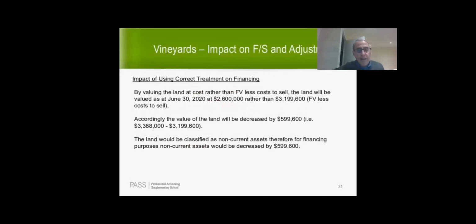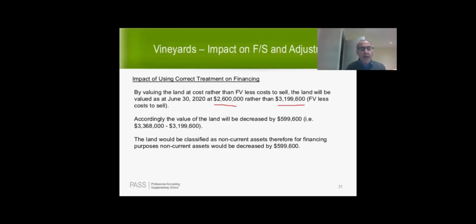Now, what's the impact on financing? By valuing the land at cost rather than fair value less cost to sell, the land will be valued as of June 30th, 2020 at 2,600,000 rather than 3,199,000. Accordingly, the value of the land is going to be decreased by a huge amount because it should be sitting at cost of 2.6 million.